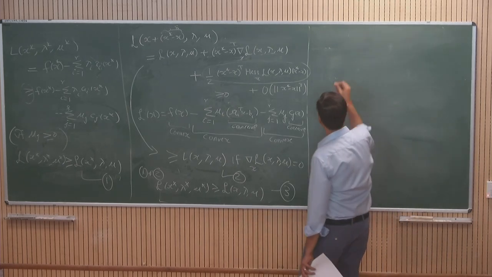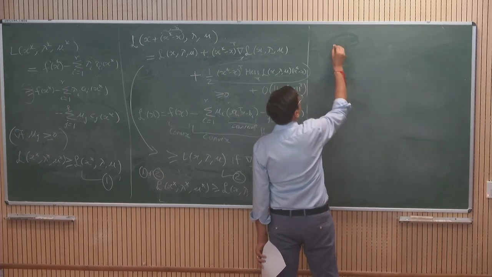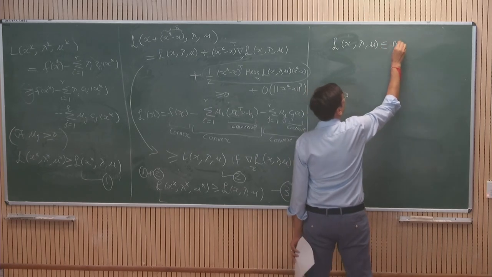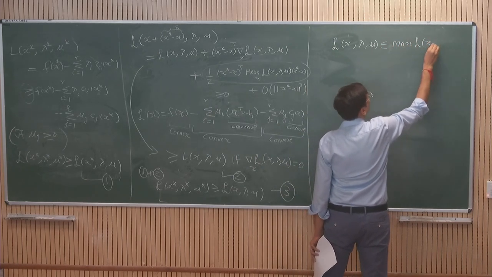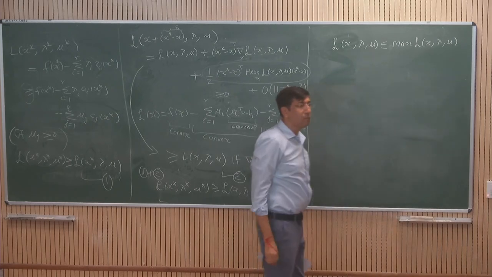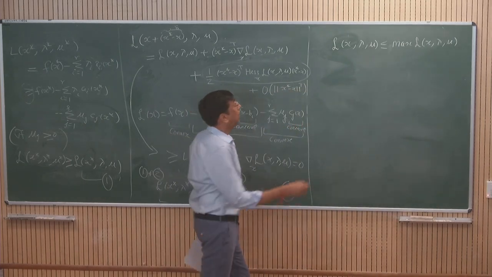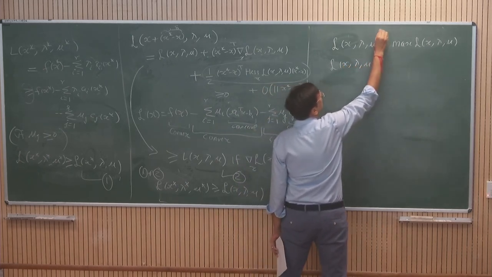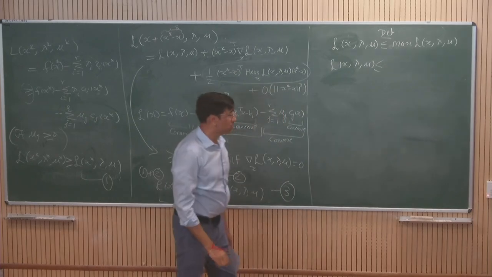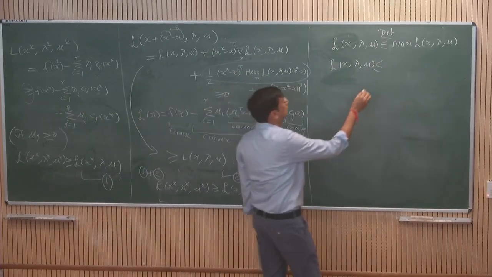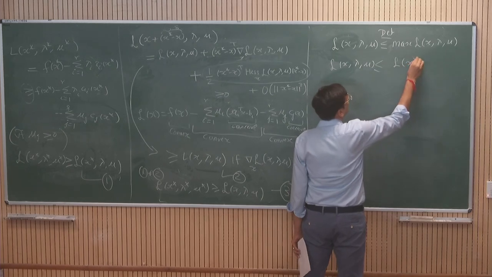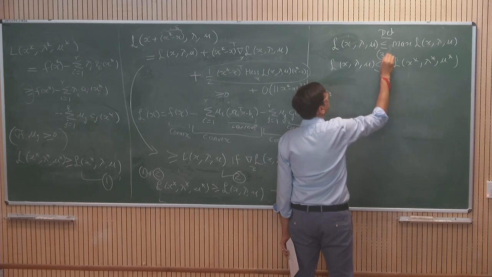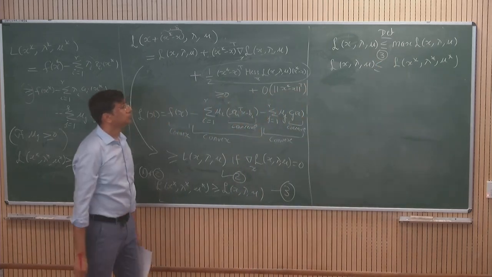Okay. So if I have to write, what do we know? We know that L of x, lambda, mu is less than or equal to the max of L of x, lambda, mu. Correct? And we also know that, by definition, this is the maximum of the function. And from 3 we know this is less than or equal to L of x star, lambda star, mu star. This is using 3. Correct?